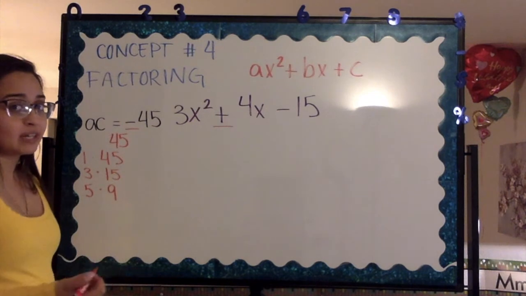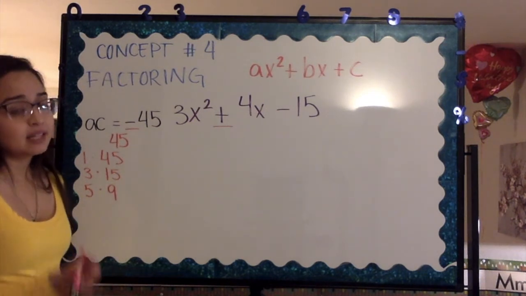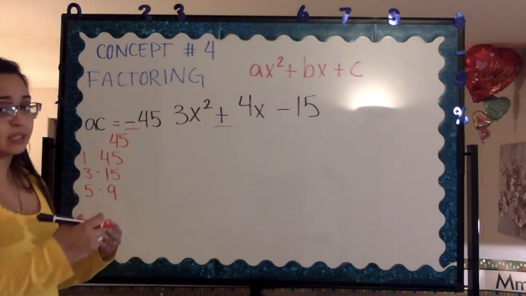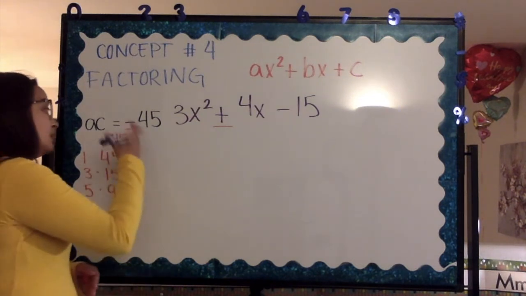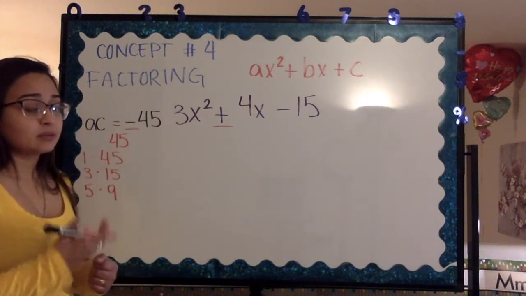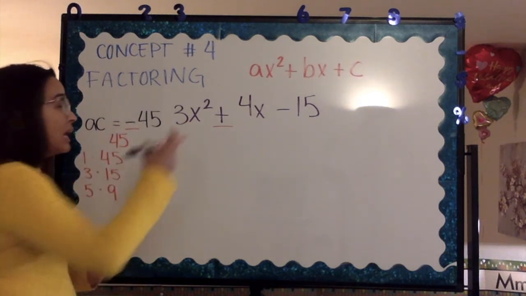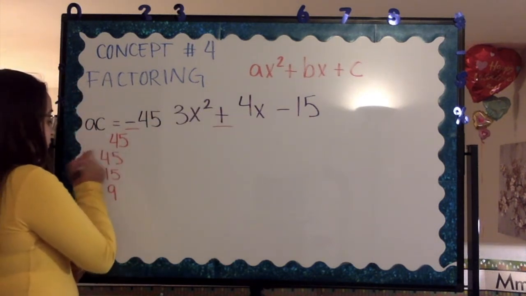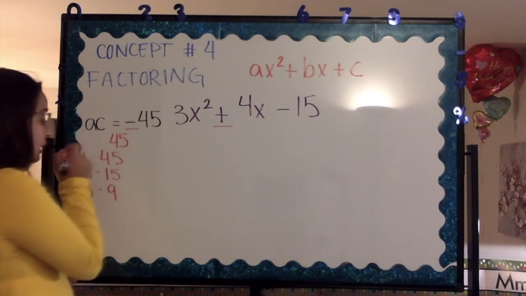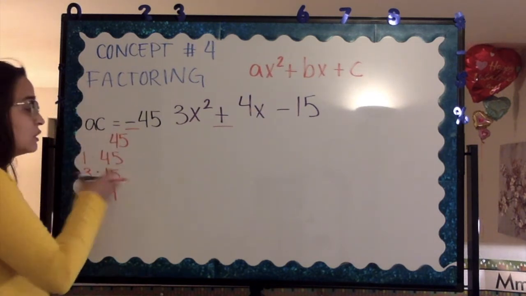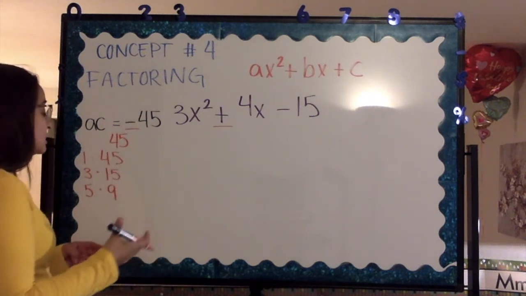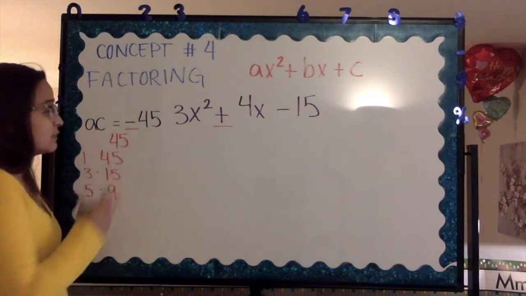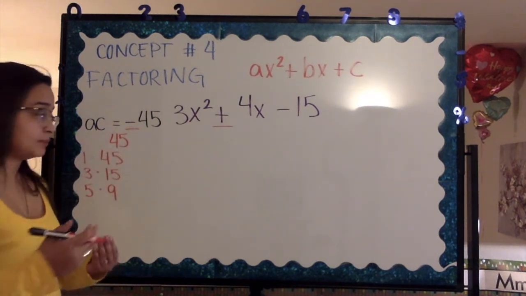So one of our two factors has to be negative and one has to be positive, in order for when we're multiplying them, we have negative 45, and for when we are adding them, we have a positive 4. Now we know if we multiply all of these, they'll give us 45. So we would just need to make one of these two factors negative. First, let's find out which one would give us 4.